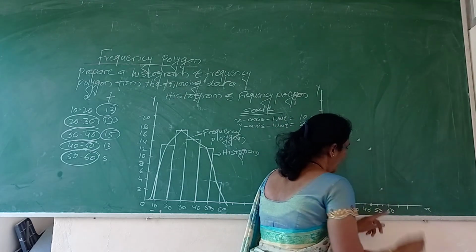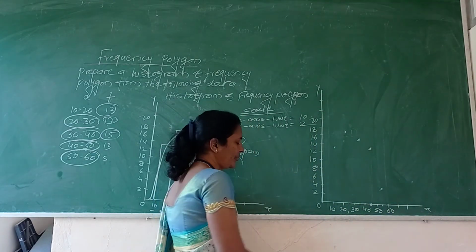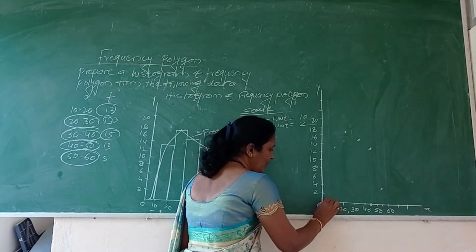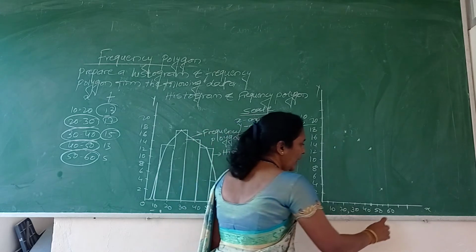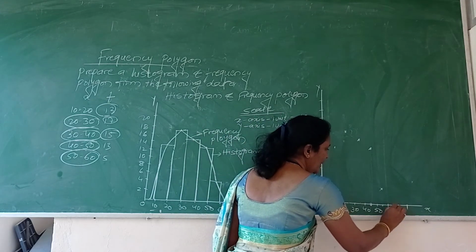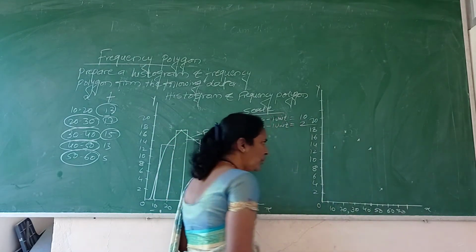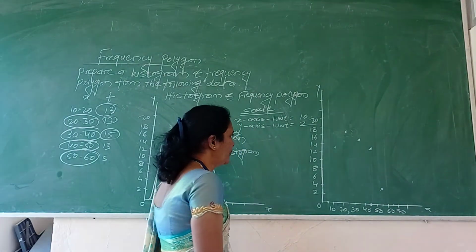So mark 5. Then take the base line middle: 0 to 10, put a dot at 5. Then for 60 to 70 the middle is 65, put a dot. Then join all these dots with the help of a scale.